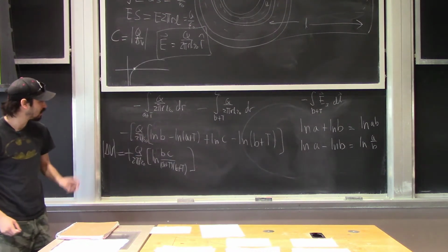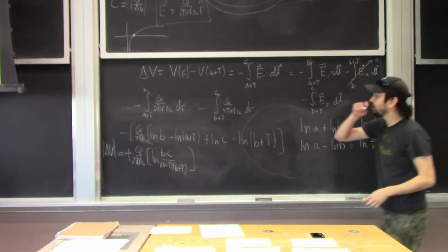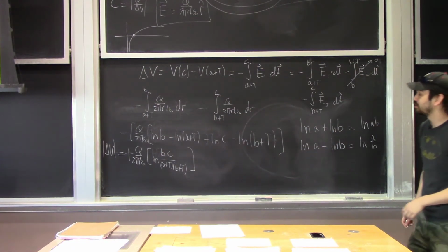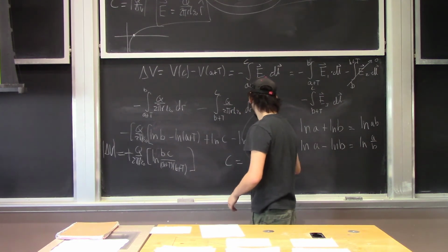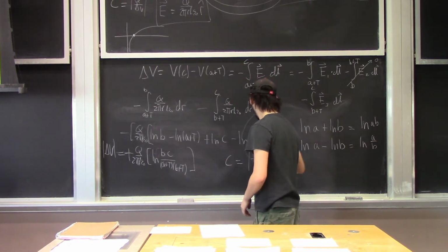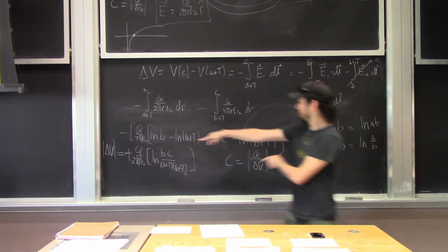Okay, so we're almost there to the last part, and that's just to calculate what the capacitance is. To do that, C is just going to be equal to the magnitude of Q divided by V. And so that just inverts this.